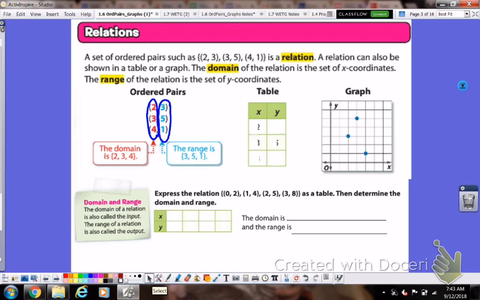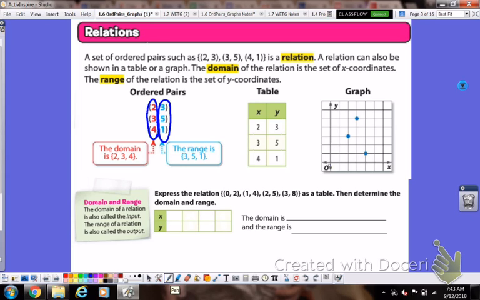Now, if we change this over to a table, we're just going to fill in our x and y values. So again, working with these same points over here. Our x values are 2, 3, 4. Our y values will be 3, 5, and 1. And we can check out what they look like on a graph.